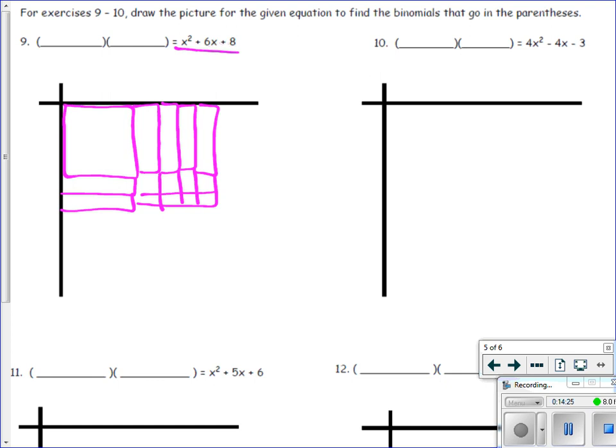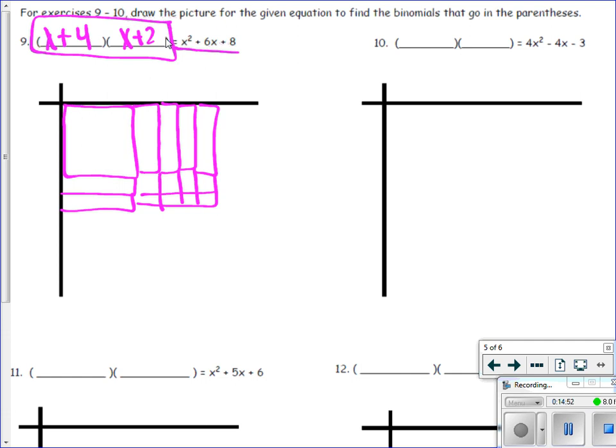So once it is set up as that perfect little box, it has everything in there, that means our answers are the top and the side. What would have been up on the top? An x plus 4. And what would have been along the side? Perfect. X plus 2. So this is your actual answer. X plus 4 times x plus 2. So your answer is a set of parentheses when we factor.